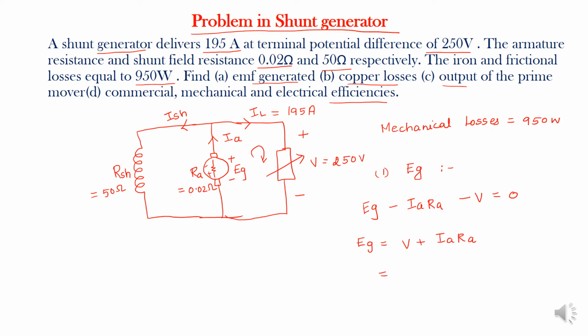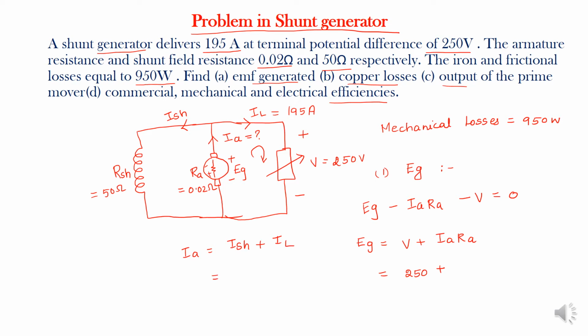What is the V given? V is 250 volt. What about the value of IA? Here I am going to find out IA. So how to find out IA? IA equal to ISH plus IL. Okay. So what is ISH?